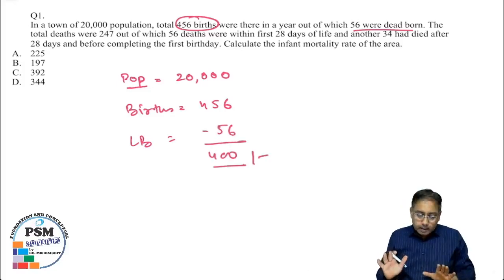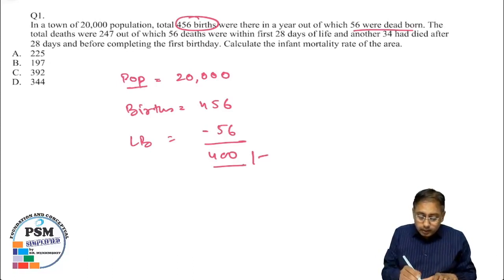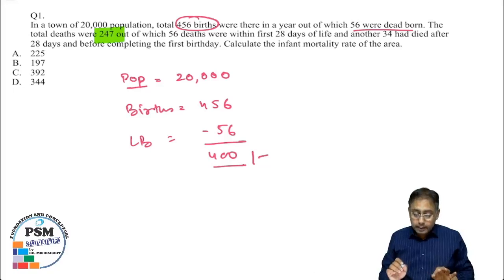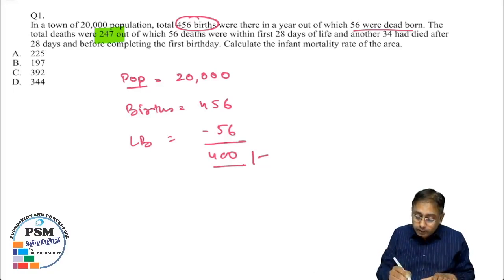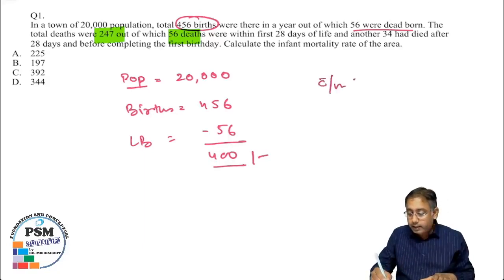Done. Now the total deaths that were reported. The total deaths were 247, out of which 56 deaths were within 28 days. That's important for me, that within 28 days is the neonatal death.